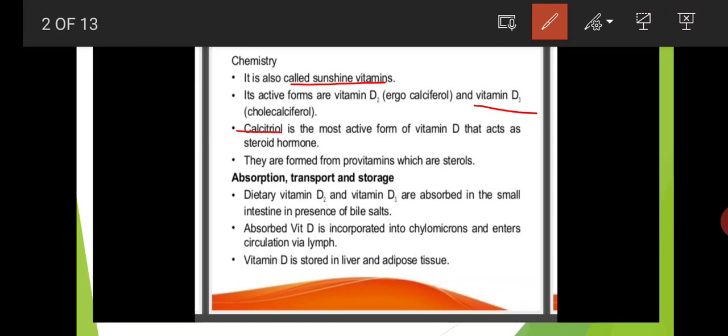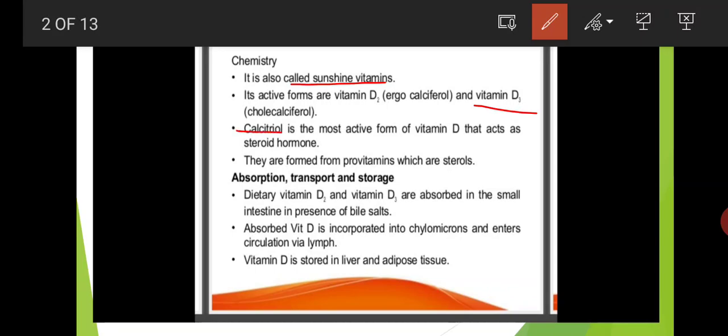Absorption, transport and storage of vitamin D: dietary vitamin D2 and vitamin D3 are absorbed in the small intestine in the presence of bile salts, same as vitamin A. Absorbed vitamin D is incorporated into chylomicrons and enters circulation via lymph.